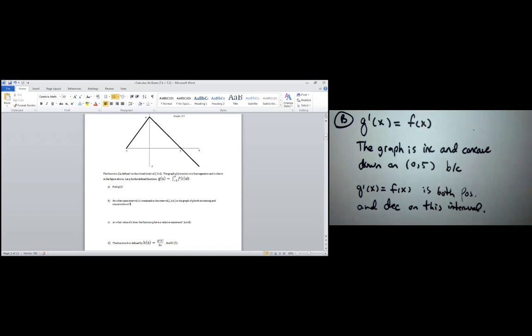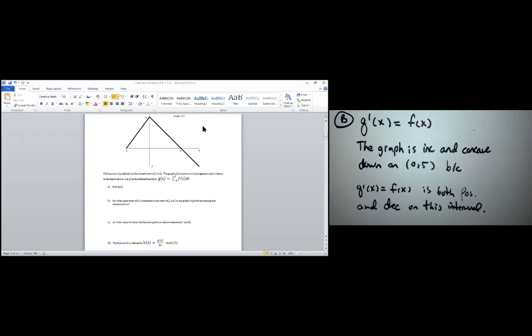We want to start off by saying that we know G prime is equal to F. We want to say 0 to 5, and then we want to justify what we've got. So you always have to write justifications. I don't know, Hermela, I would, no matter what, just to be safe.